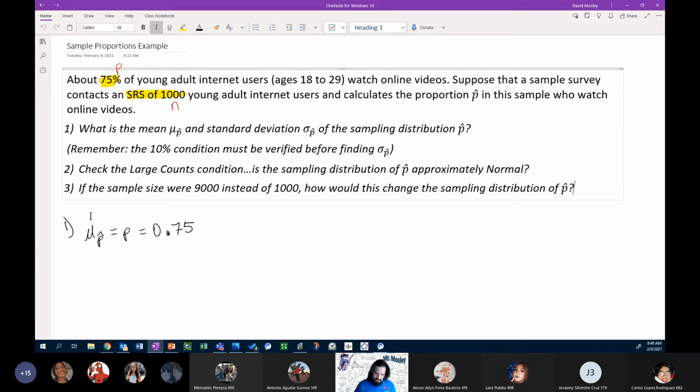Standard deviation: remember, before I can do the standard deviation, I need to verify the 10% condition has been met. We have 1,000 young adult internet users. We can say that essentially 1,000 is less than 10% of all young adult internet users.